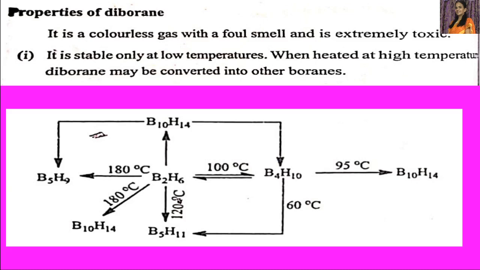When heated to 180 degrees centigrade, it gives B10H14, decaborane 14, and can also give B5H9, pentaborane 9. So diborane on heating to different temperatures gives different, higher boranes. It is stable only at low temperatures; at high temperatures, it gets converted to other boranes.